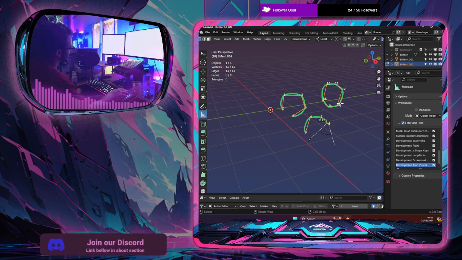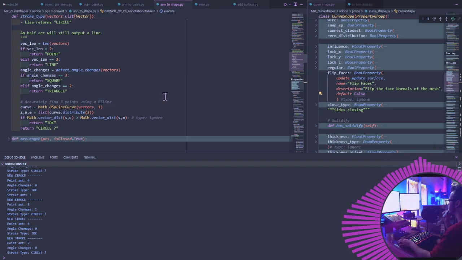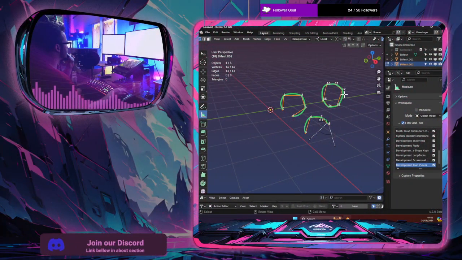It's not a square, but it's got those sharp angle changes there. That could be 4 angle changes. Let me revisit that function. It's weird that it did that. Should have a few more points there, to be honest.